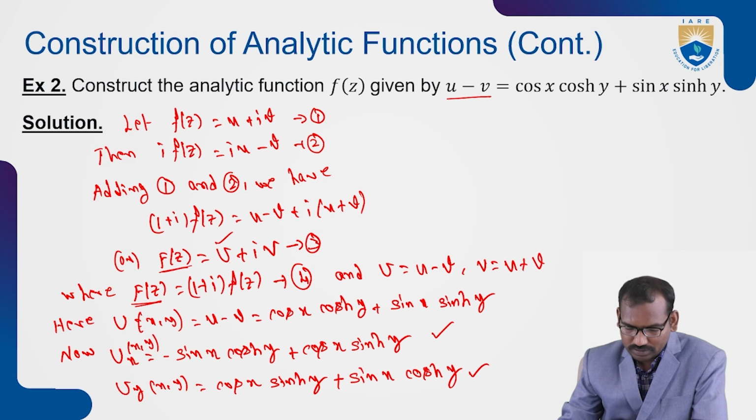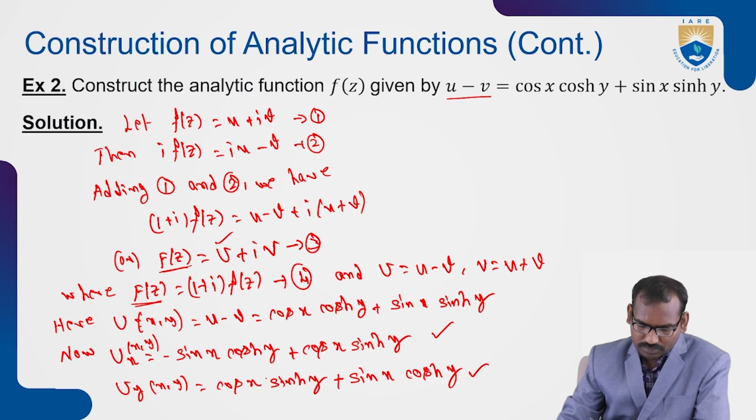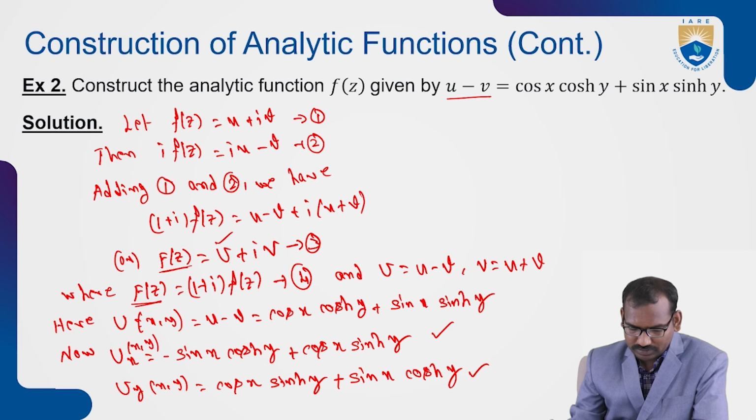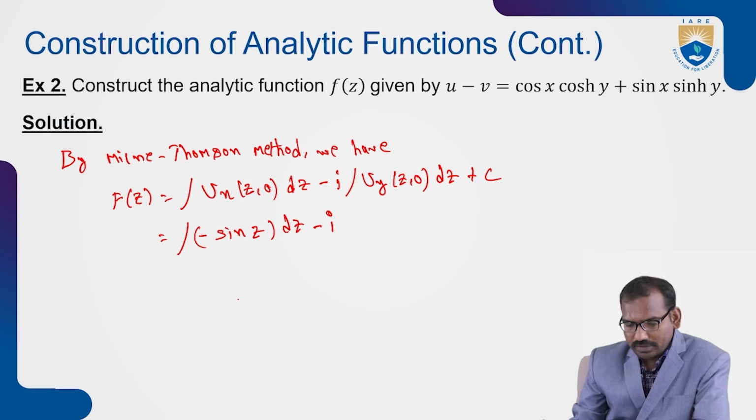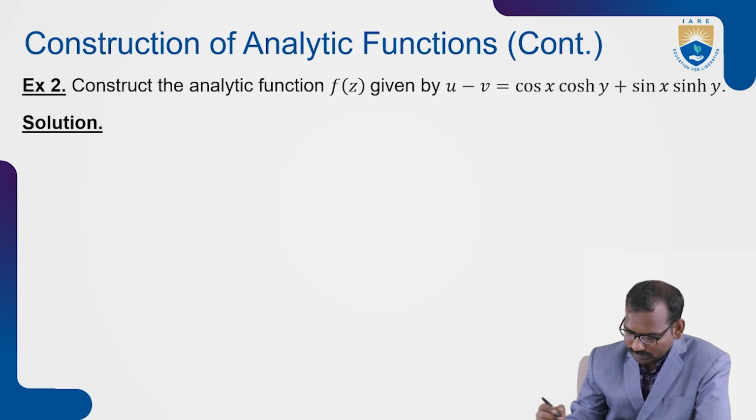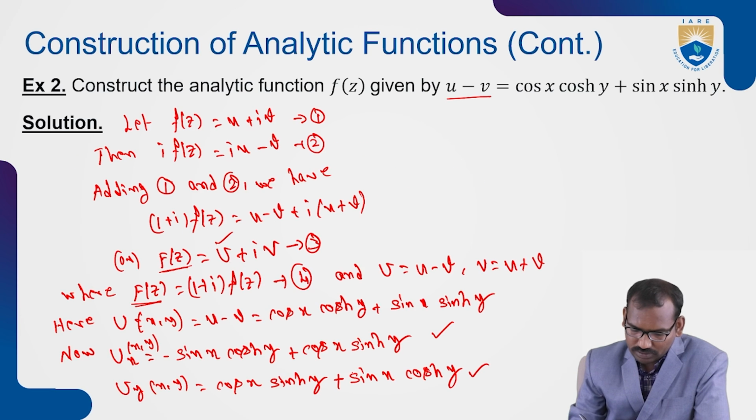Okay, so if you do it like this, you can get only minus sin z, dz, minus imaginary number I times u sub y. Here you can see u sub y with x replaced by z, y replaced by 0.